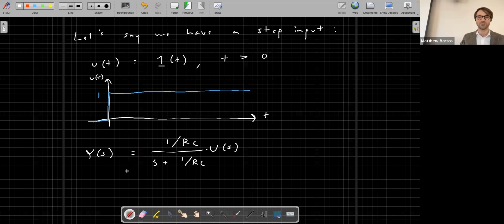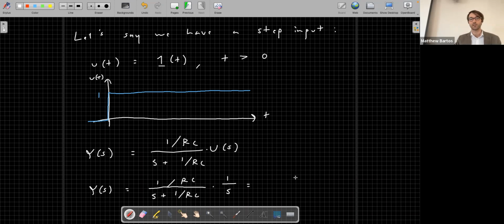So let's go ahead and substitute that in. We have that Y(s) is equal to 1 over RC over (s plus 1 over RC) times 1 over s. And carrying out that multiplication, we get 1 over RC on the numerator. On the denominator, we get s squared plus 1 over RC times s.